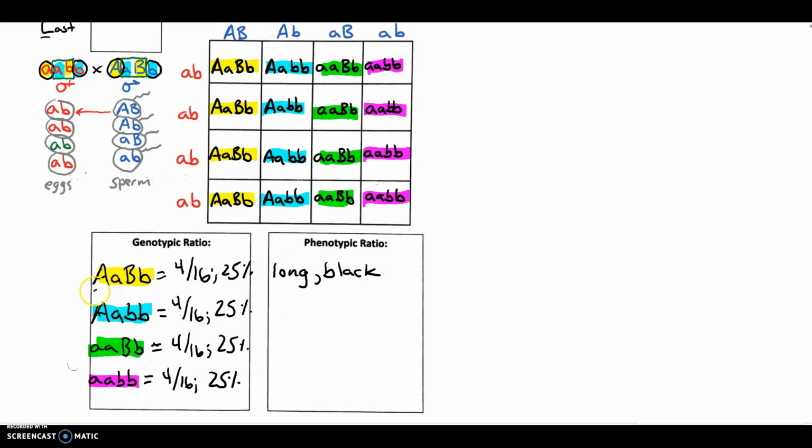I know that it's long because of that A, and I know that it's black because of that B. What about the second one? This one here is also going to be long, but this one's going to be blonde hair because it's got both recessive alleles there. This one will be short and black, and this one will be short and blonde.